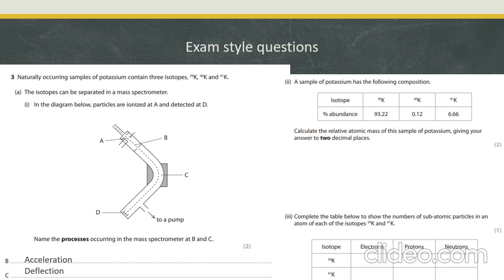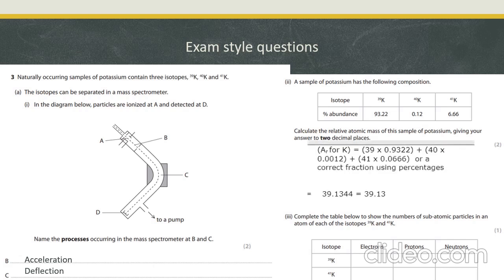So 93.22 times 39 plus 0.12 times 40 plus 6.66 times 41, and the whole thing divided by 100. So you should get 39.1344, giving your answer to 2 decimal places, so 39.13.